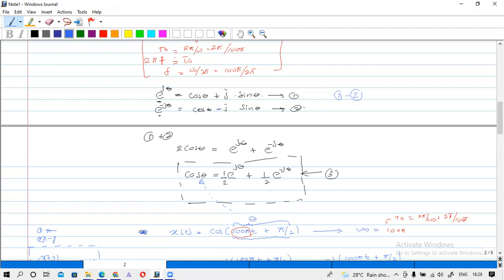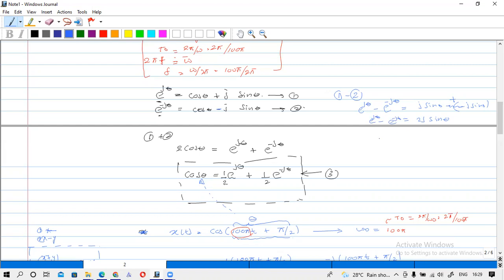Here you have e to the j theta minus e to the minus j theta, and here j sin theta minus minus j sin theta, so this minus will be plus. You have j sin theta plus j sin theta, that means 2j sin theta.